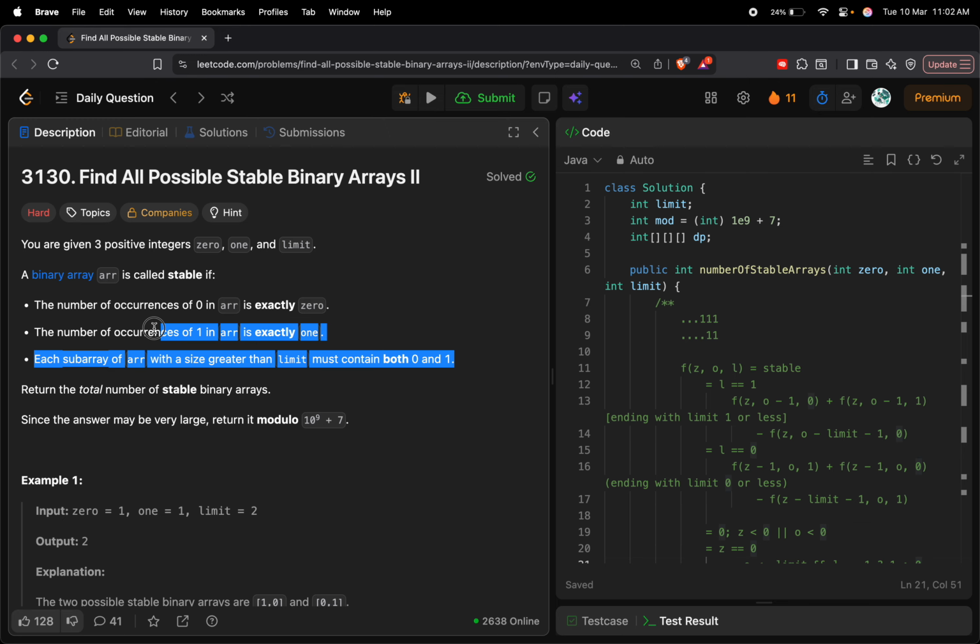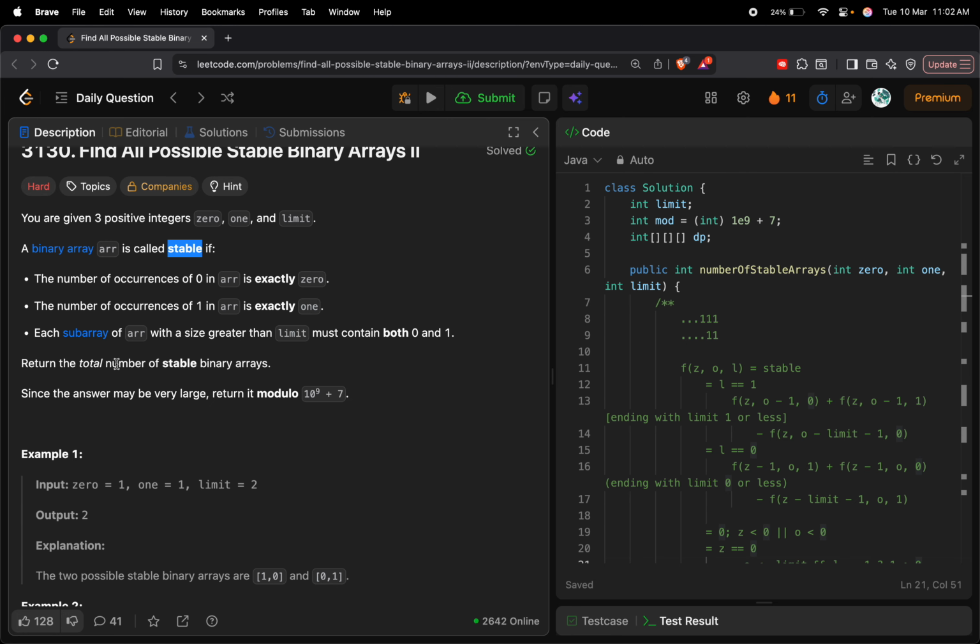If all these three criteria hold true for a particular array, then we can say it is a stable array. Return the total number of stable binary arrays.